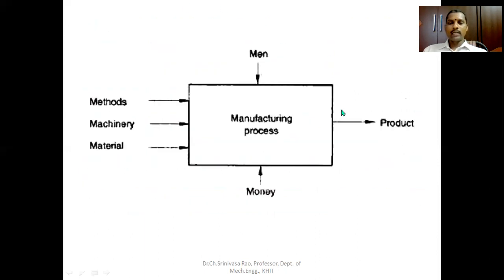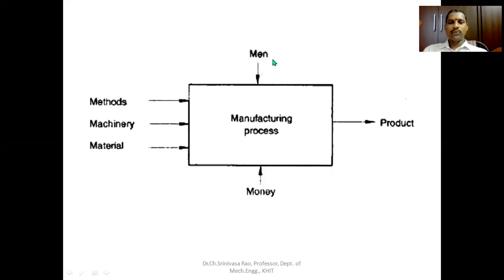As you see in this diagram, a manufacturing process converts the raw material or semi-finished products into final products with the help of men, methods, machinery, etc. And these men, methods, machinery, and material are not available freely, they are obtained with some money.